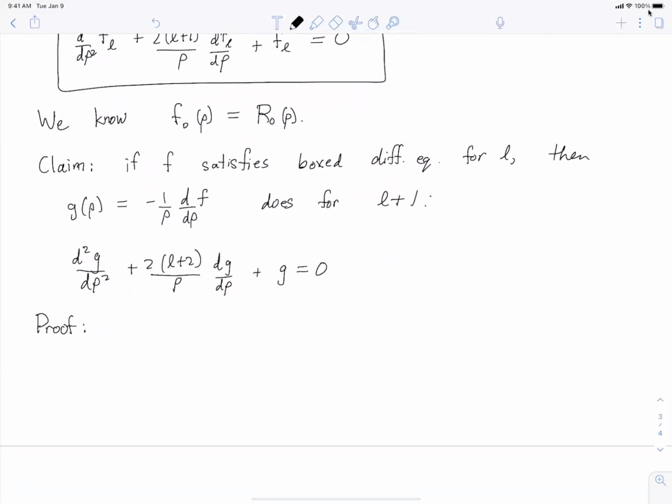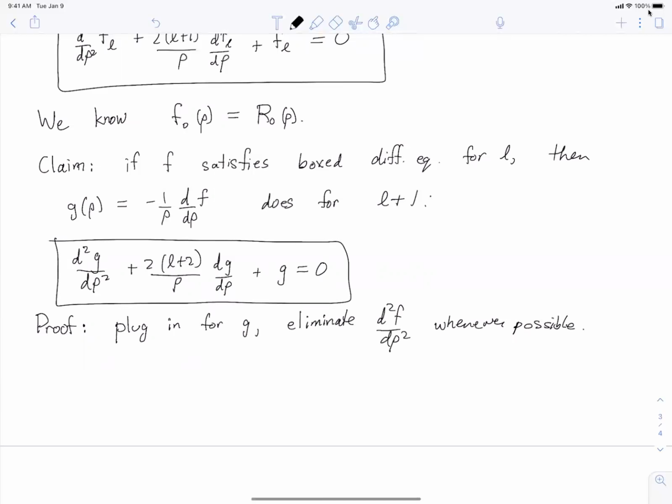It's just sort of tedious, and there's nothing particularly enlightening about it. The strategy is to just plug in for G, and then eliminate derivatives, specifically the second derivative of f, whenever possible, using the boxed equation. Okay, and then that gives this equation right here, which proves what we're trying to prove.